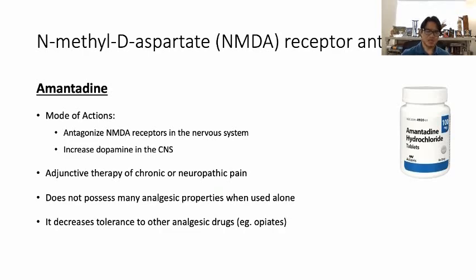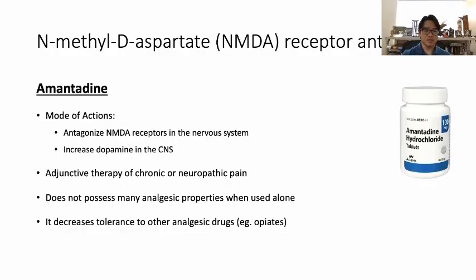So back to NMDA. When the body has chronic pain or central sensitization, we usually have an overexpression of NMDA receptors in the nervous system. So amantadine is the one that helps to suppress the NMDA, which provides some pain relief. In general, we don't use it as a sole treatment.